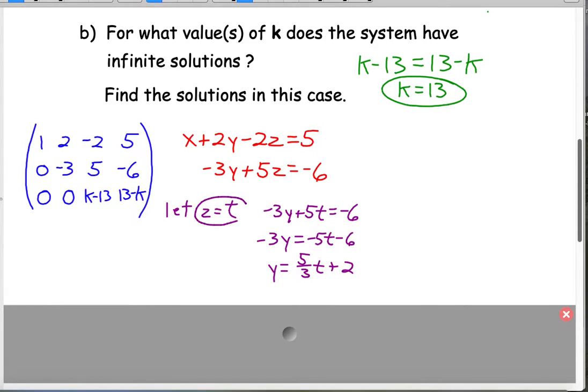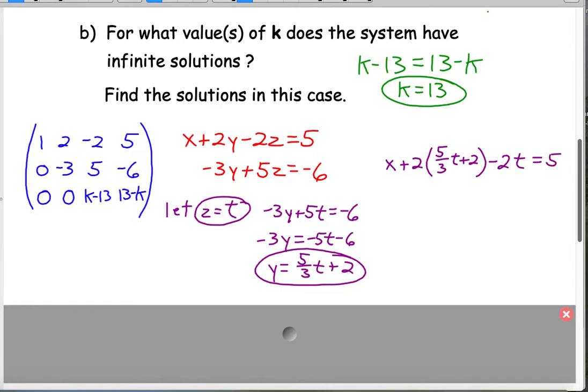So I've got z is equal to t, y is equal to 5/3 t plus 2. And now going back into the first equation, I can solve that. So I'm going to have x plus 2 times y. Well, y is 5/3 t plus 2, minus 2 times z, well, z is just t, equals 5.